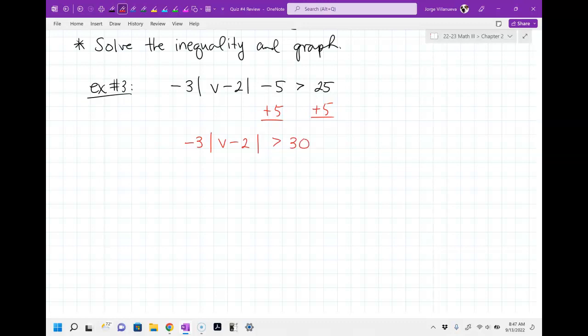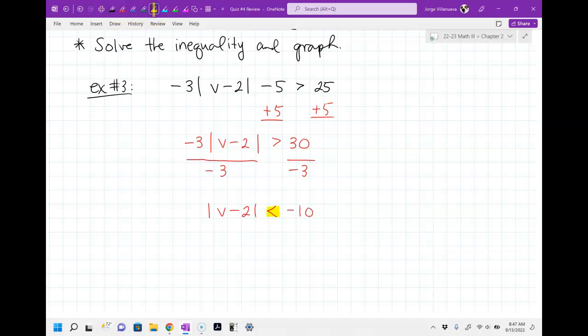So far, no switching signs. But now, in order to get rid of the -3 that's multiplying the absolute value, I'm going to have to divide both sides by -3. So that gives me the absolute value of v minus 2 less than -10.